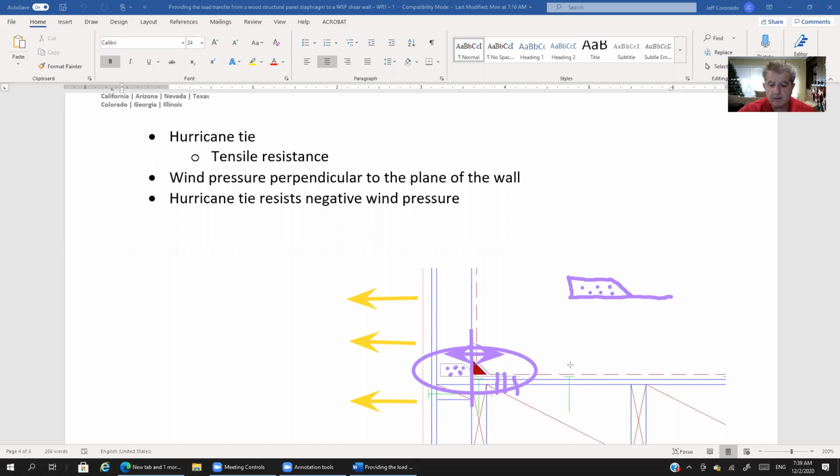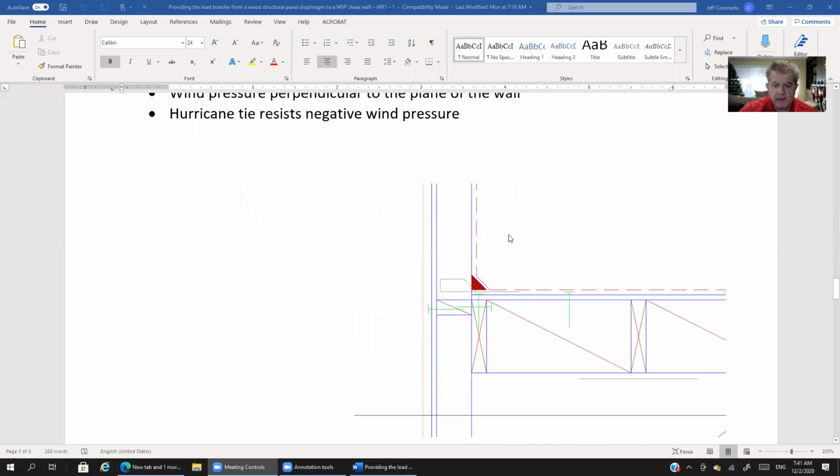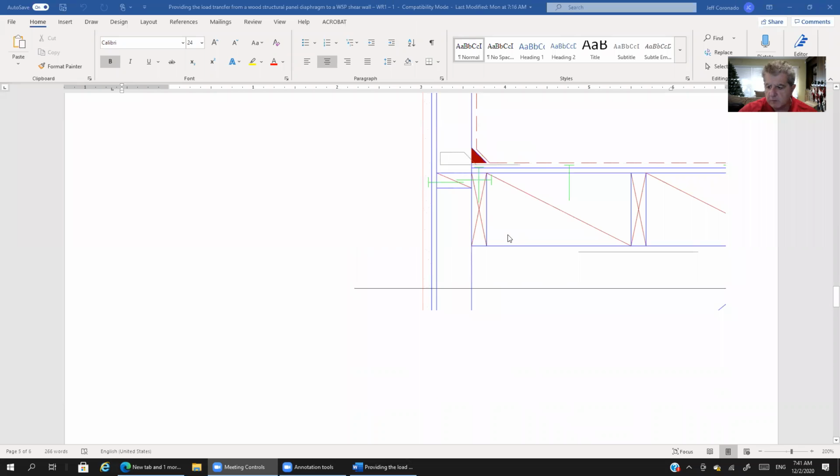So we need to transfer this force, pull this wind force back into our diaphragm. And that's what the hurricane tie does. All right, so it keeps the wall from pulling away from the roof diaphragm. Okay, so that's the hurricane tie. Again, any questions on that, let me know at the end of this tutorial.